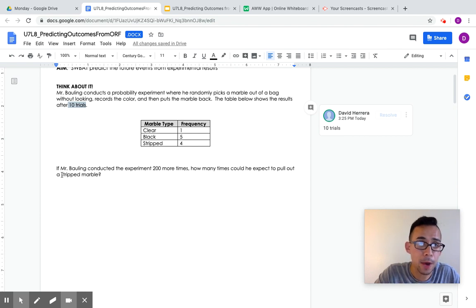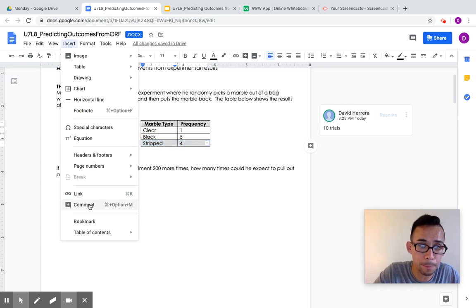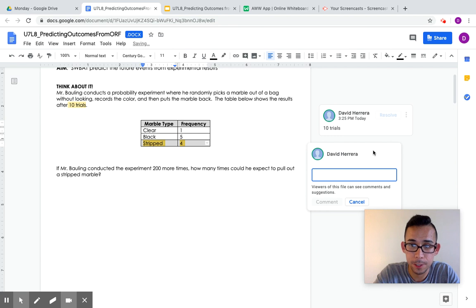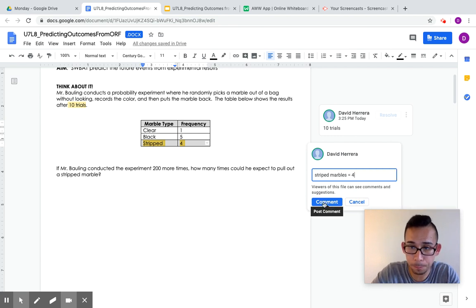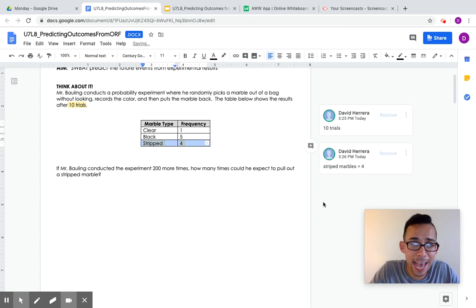Okay, so how many times did he select the striped marble in his experiment? 4 times. So I want to annotate that as well. So striped marbles equals 4. And then the last important number here is what do they want us to make a prediction for? How many trials do they want us to make a prediction for?